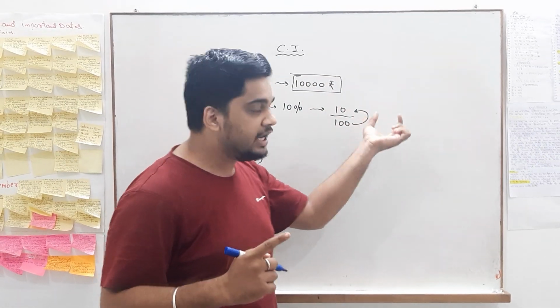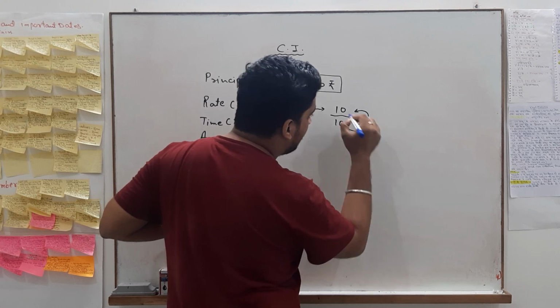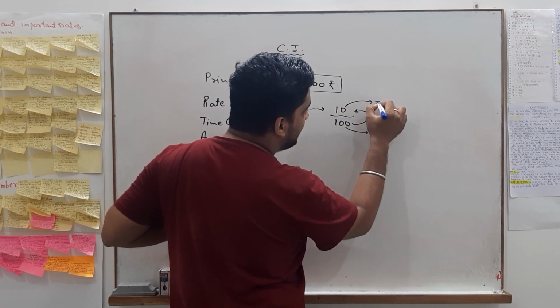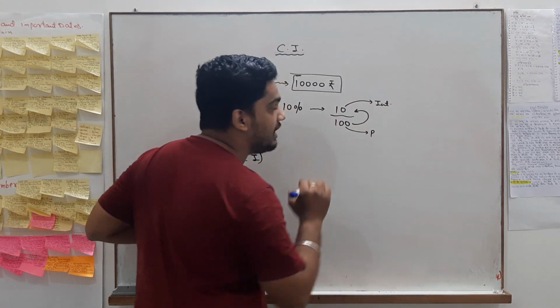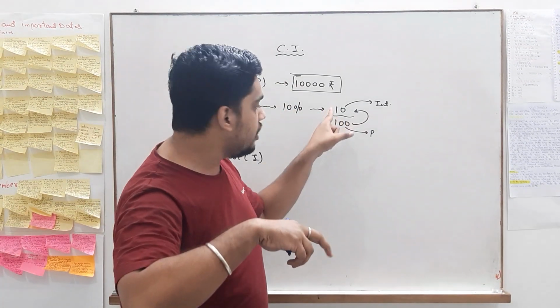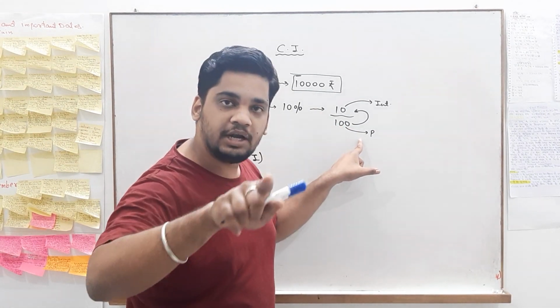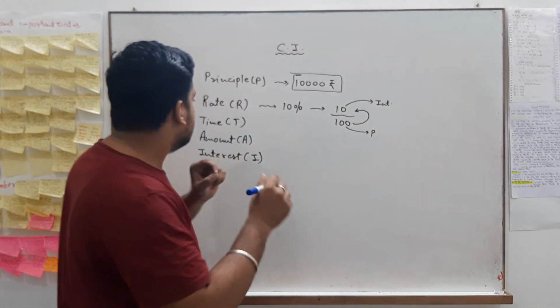Are you getting my point, guys? So now we can say that this 100 is principal and this 10 is interest. So 10 rupees we are gaining on every 100 rupees of principal is known as rate. Are you getting my point?